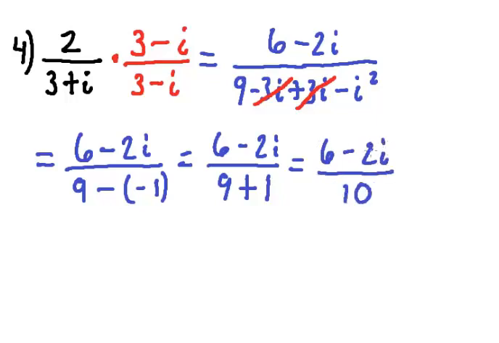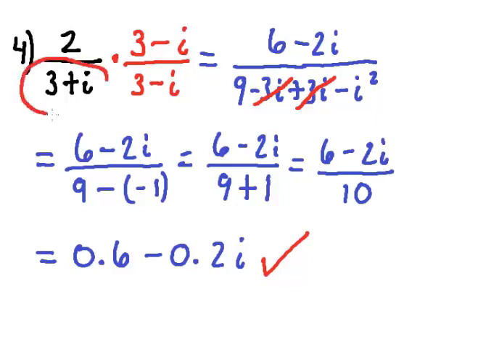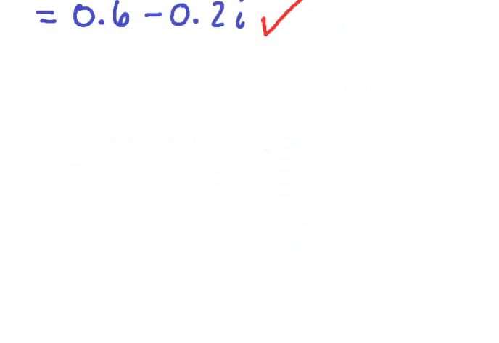Because we need to divide both of them by 10, in this case we will get 0.6, it's a normal decimal, minus 0.2i. And that will be the final answer of the exercise. So remember, when we see two numbers down on the denominator, we're going to have to use the conjugate, option 2.